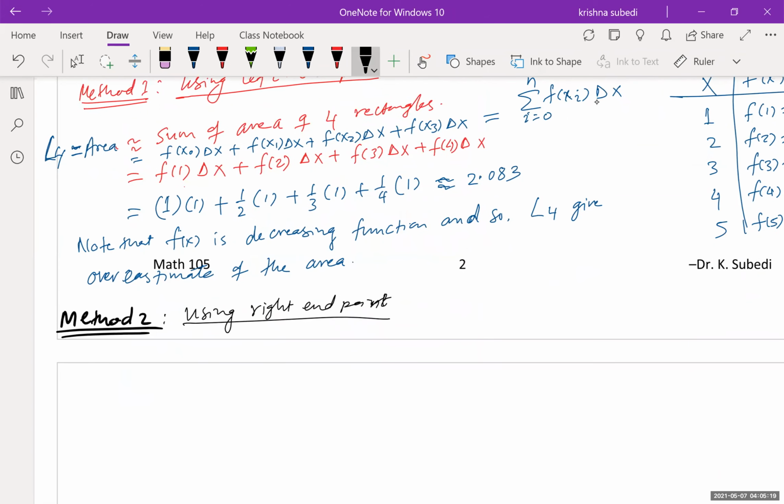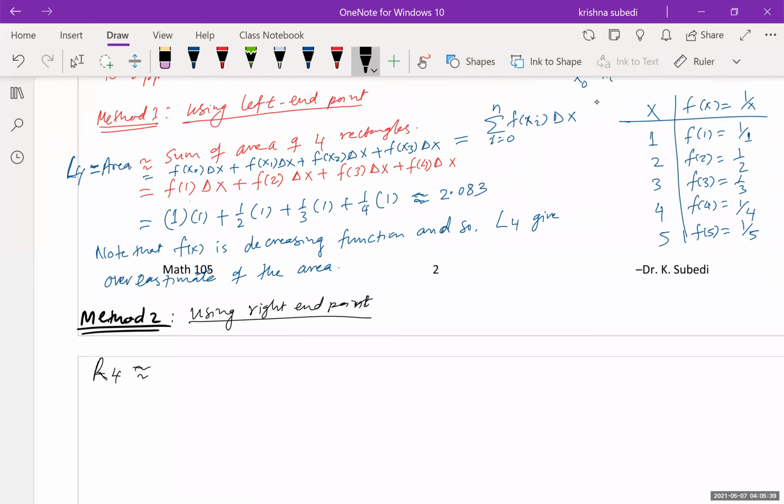If I use the right endpoint, I will represent that by R4. R4 is equal to the sum of the 4 rectangles with right ends. So that means, let me draw the graph again.